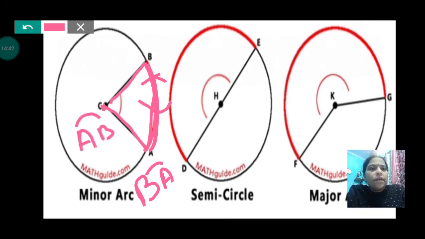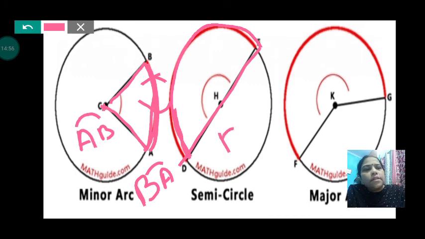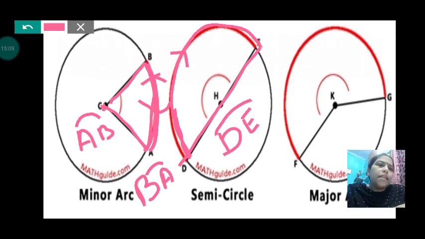Now in the second figure, you can see that this curve is bigger from D to E, and that makes a semicircle. So here this arc will be DE, and above that like this, and the arrow we will show like this. That is arc DE.